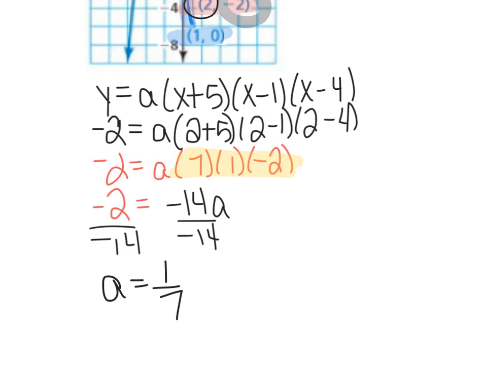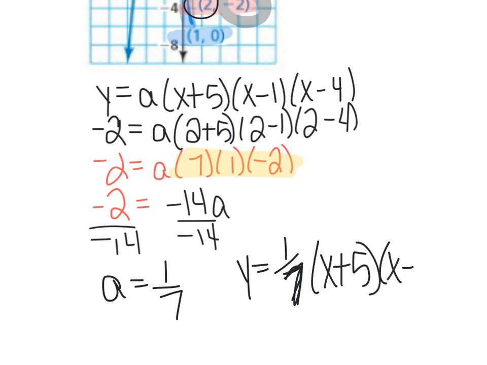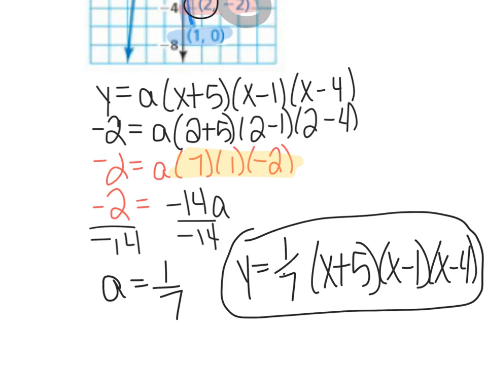I have to go back and put a into my formula. So I have y equals 1/7 times x plus 5, x minus 1, and x minus 4. And that is our final answer on how we write a cubic function.